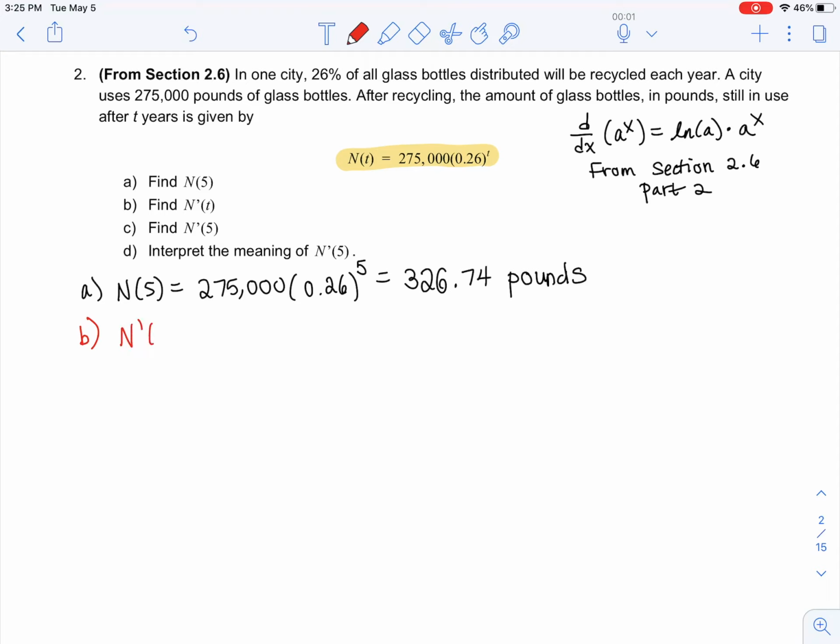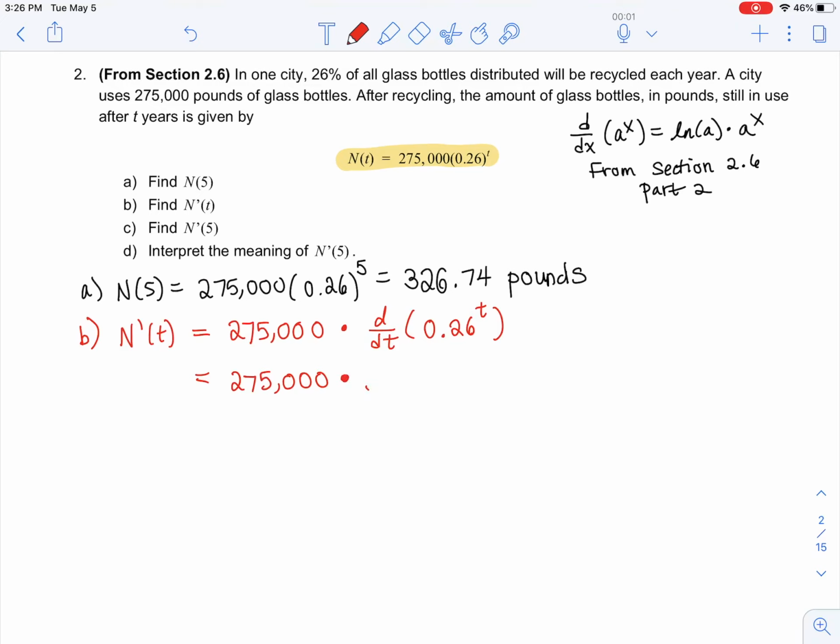Okay, now we're doing calculus. They want you to find n prime of t. So find the derivative of the function. That 275,000 is just a constant, so I'm going to pull that out. But what is the derivative, with respect to t, of 0.26 raised to the tth power? And this is where we're going to use that rule from section 2.6. So 275,000 patiently waiting.